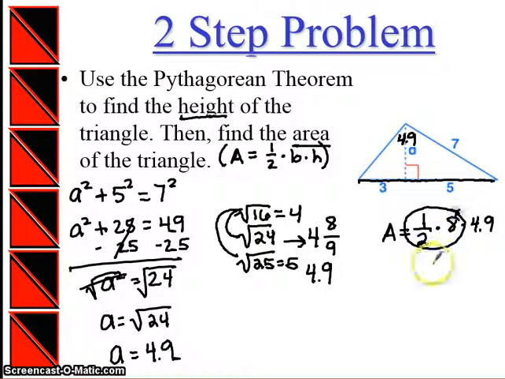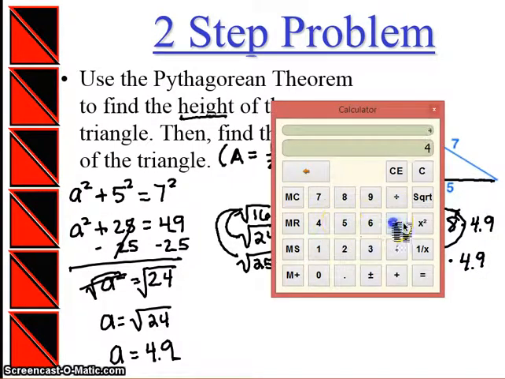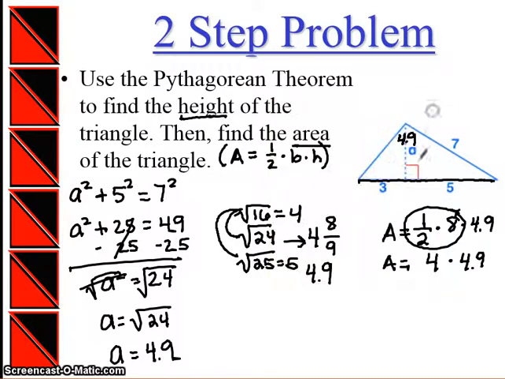Half of 8 is 4, so we have 4 times 4.9. 4 times 4.9 is 19.6. So the area is 19.6 square units, and we know it's square units because it's area.